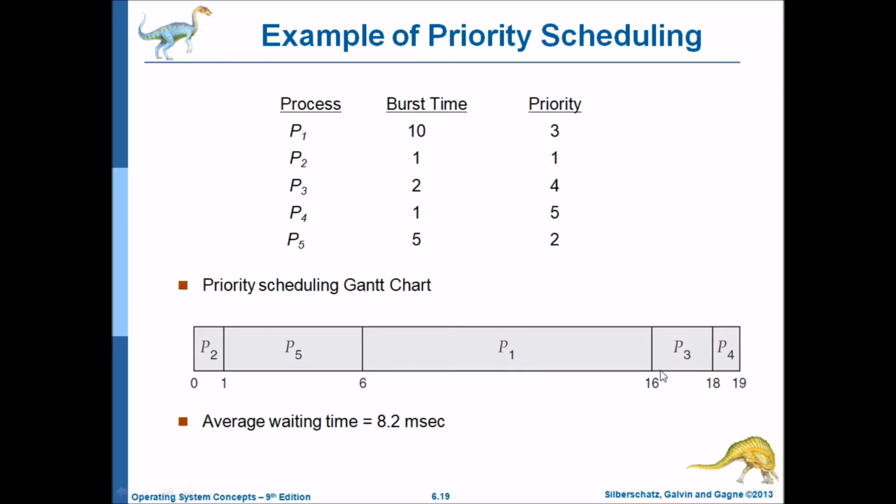At time 16, P3. The next priority after 3 is 4, so P3 with burst time of 2, 18, and then P4, which is the last priority with a burst time of 1, total of 19 milliseconds. So computing for the average waiting time, we have 8.2 milliseconds.